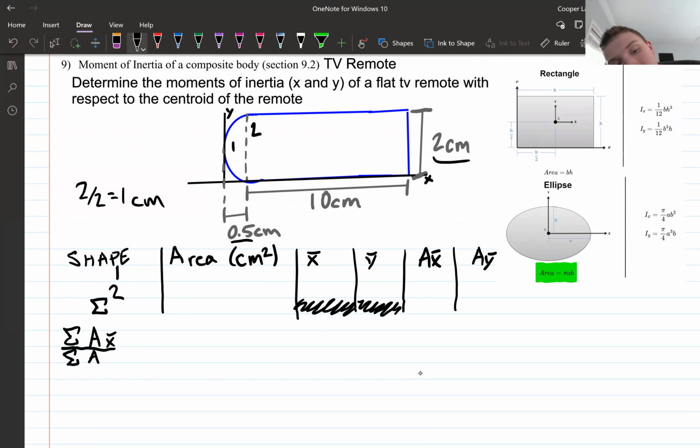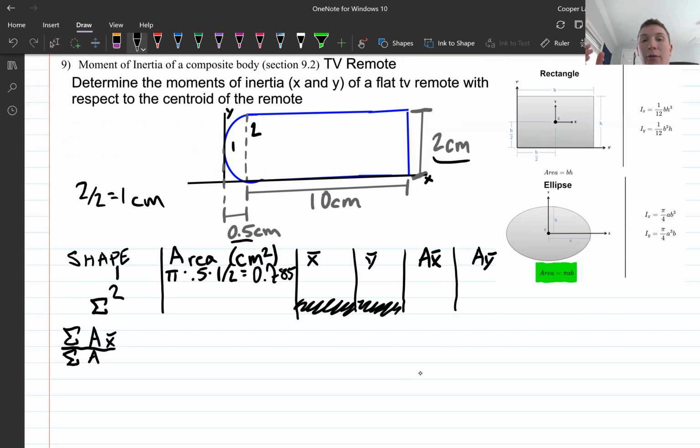I'll do pi times 0.5 times 1, which equals about 1.57. I have to divide that by 2 because I only need the area of a semicircle, so I get 0.785.